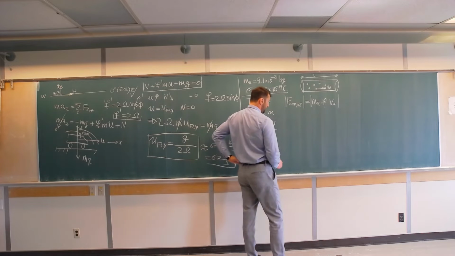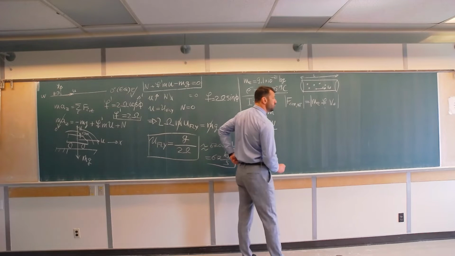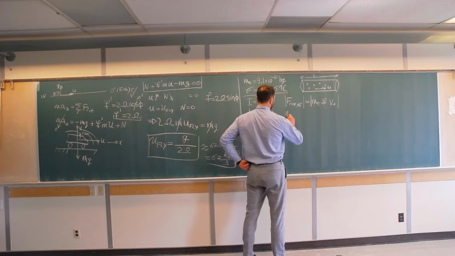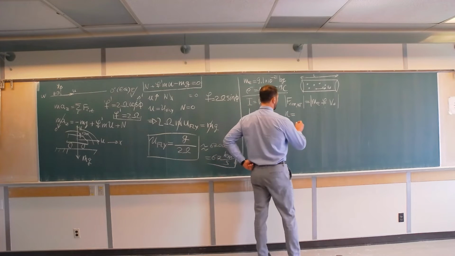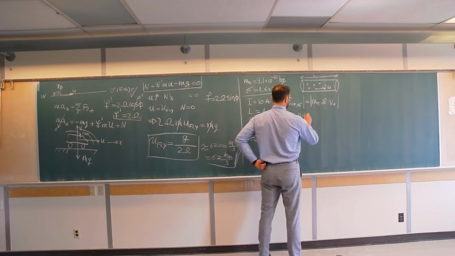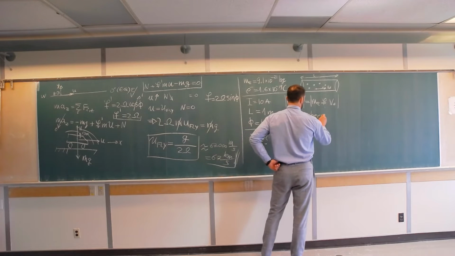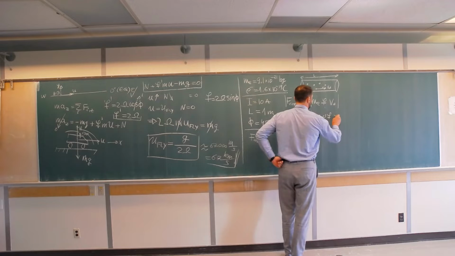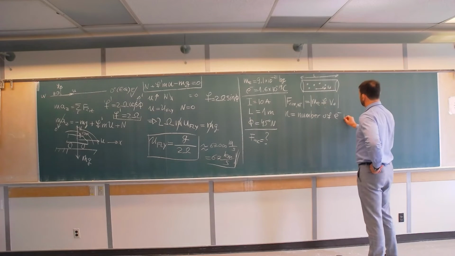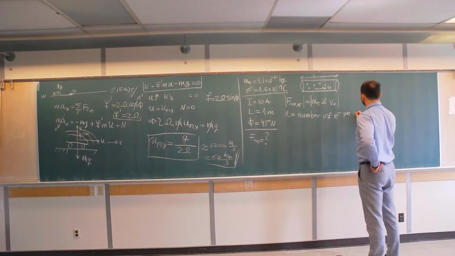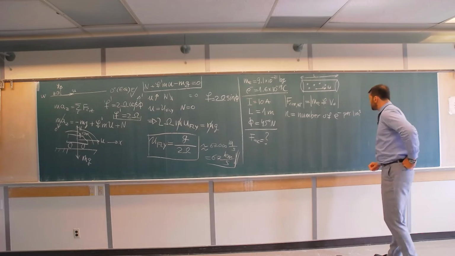To get that, I will introduce a variable that I will call n, the number of electrons per unit volume, that is, per cubic meter.